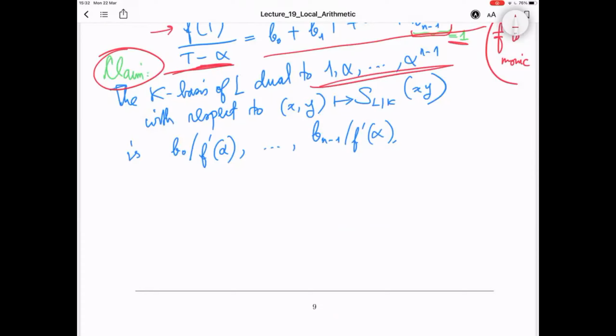And hence, it's a K basis of L as well. Now I have this symmetric bilinear form, which is non-degenerate. So I can look at its dual basis, and the claim is that the dual basis is this one here, b_0 up to b_{n-1}.